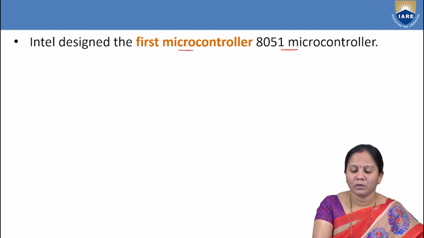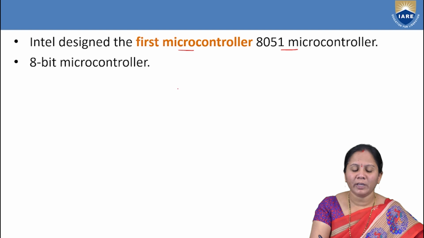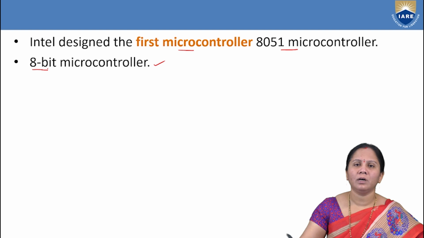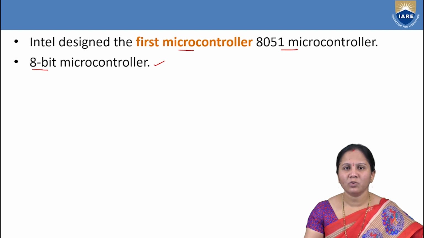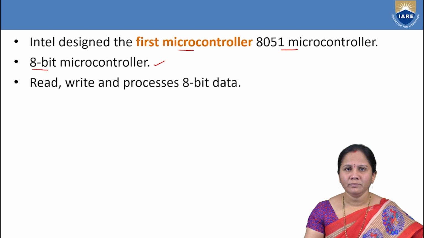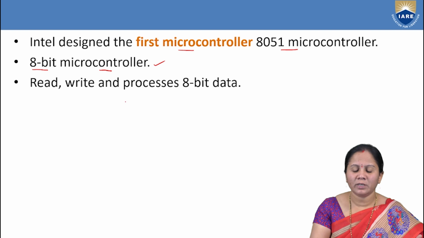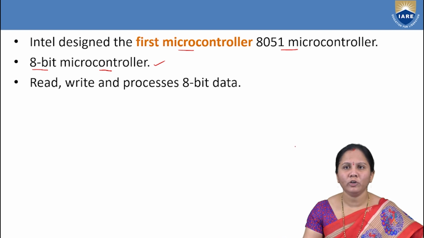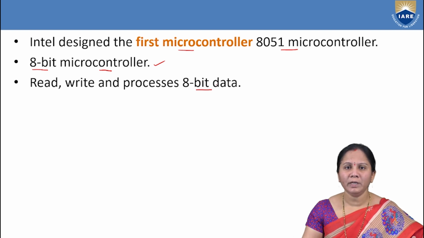Intel's first designed microcontroller is the 8051. It is an 8-bit microcontroller because it performs arithmetic, logical, division or multiplication only on 8-bit data. That means its data bus size is 8-bit. So reading, writing, and the data being processed are all done in terms of only 8-bit data.